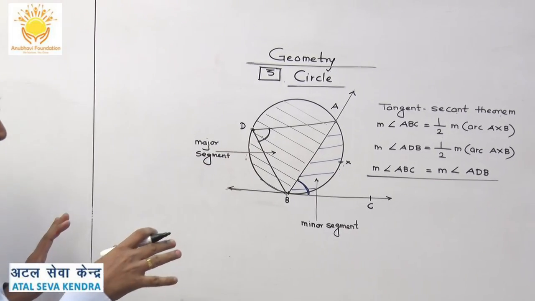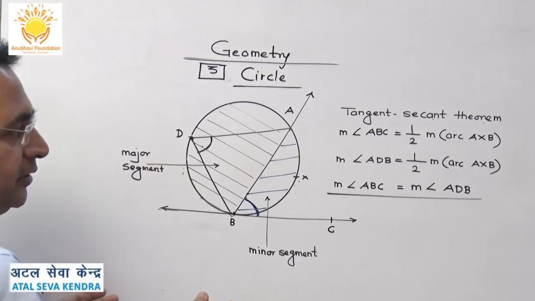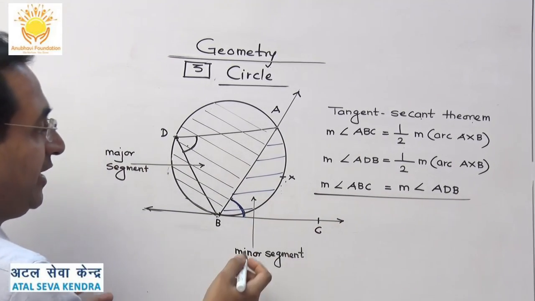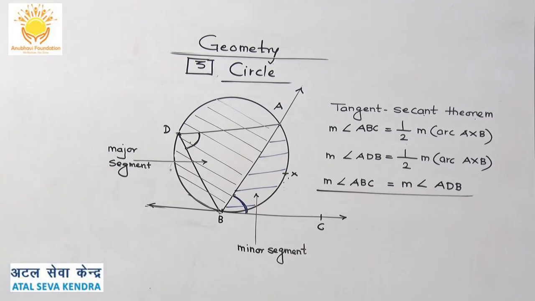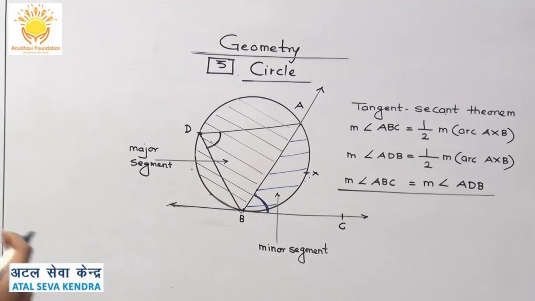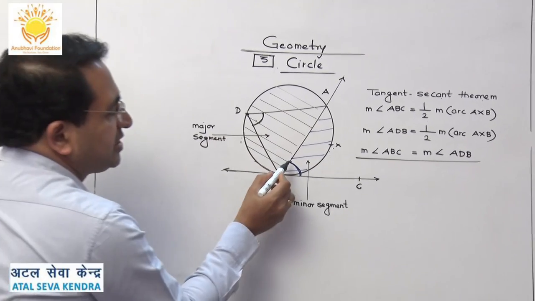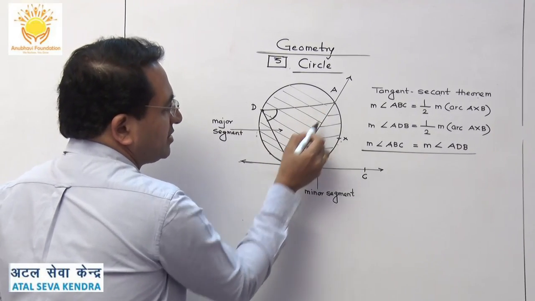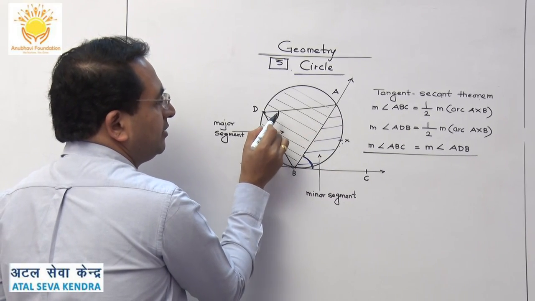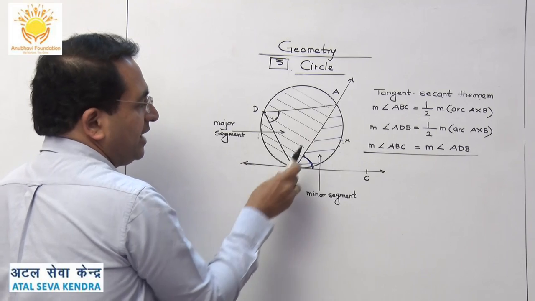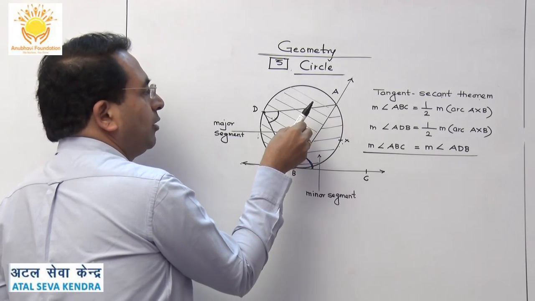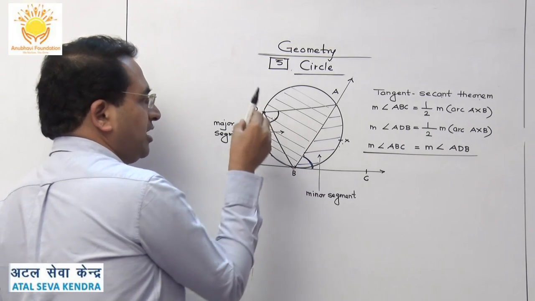And therefore, there is a proof which is given a reason. Now these angles are treated in that way. In the exam, you are not going to prove this. That is a direct result. This angle is in a minor segment and this angle is called angle in a major segment. And if there is a minor segment, immediately after that there will be a major segment.